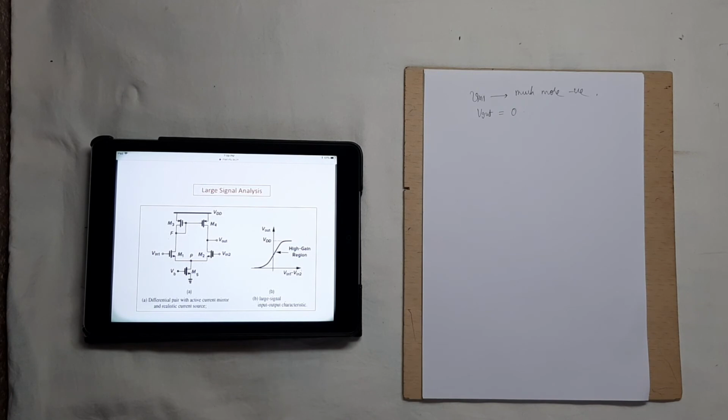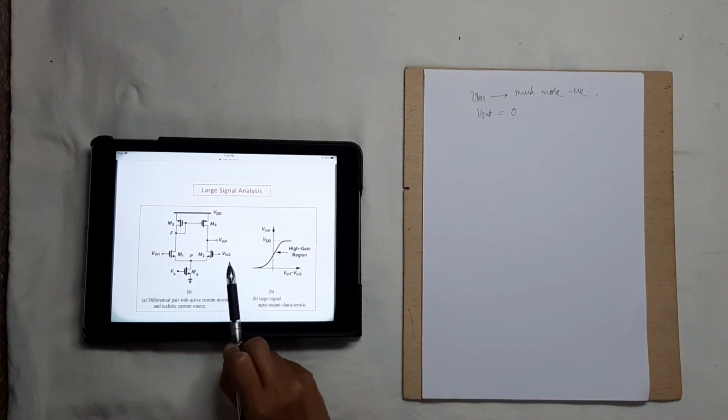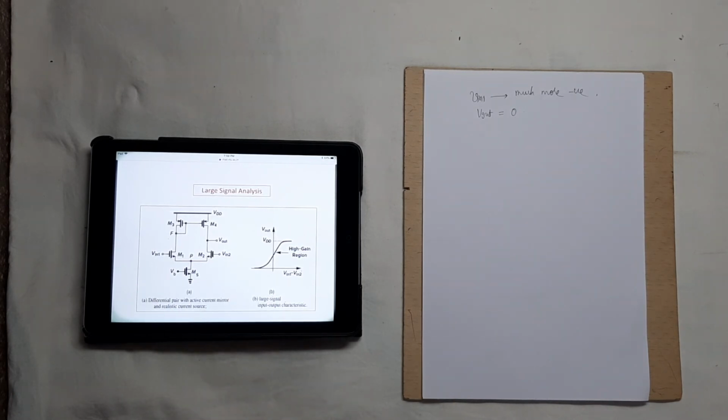See here, I will repeat this. When Vin1 approaches Vin2, then M1 turns on, drawing part of ID5 from M3 and turning on M4 transistor.